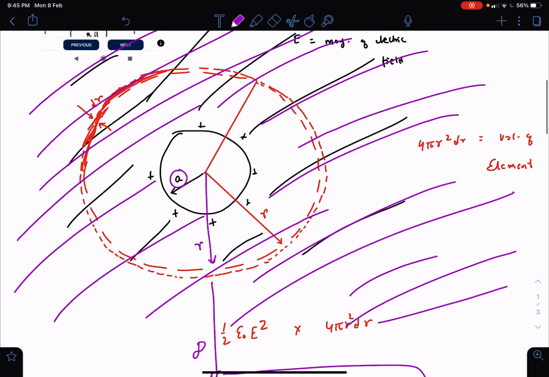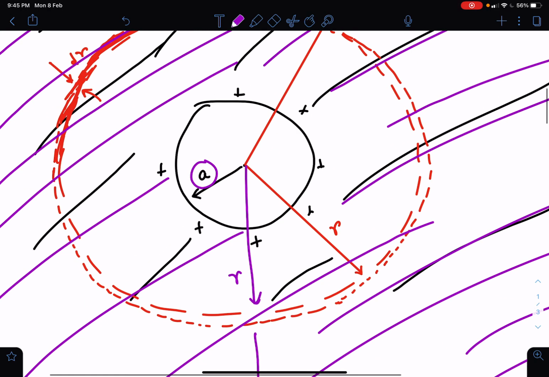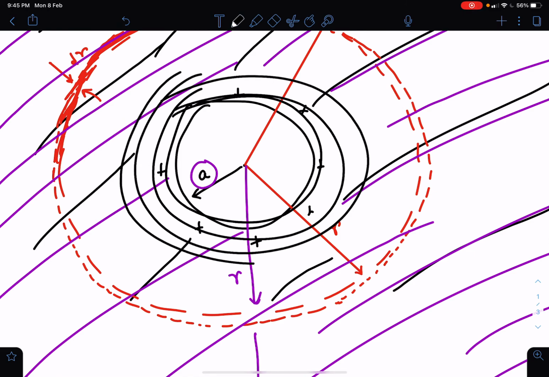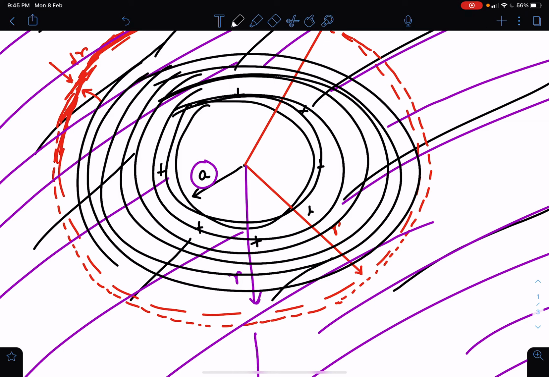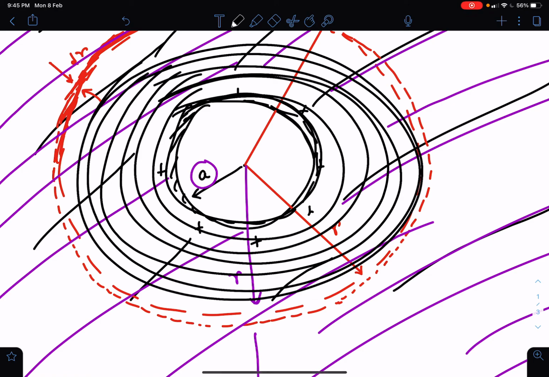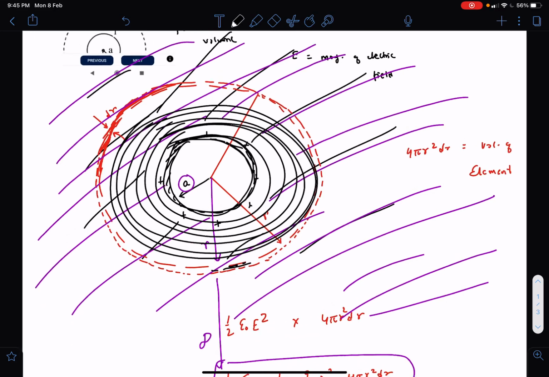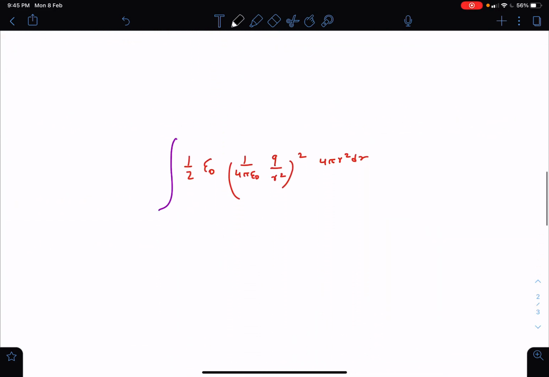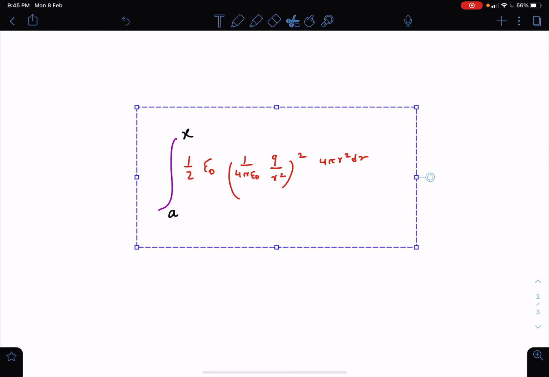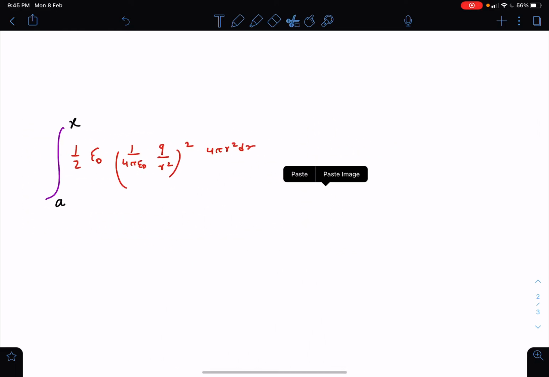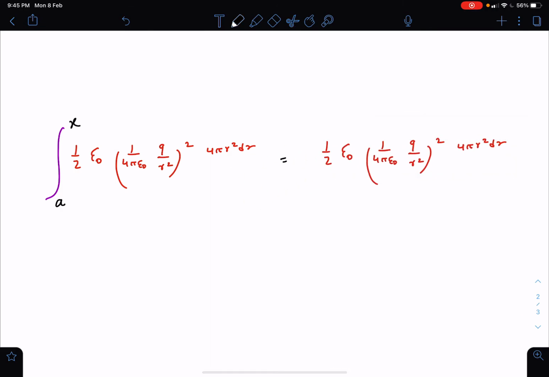For the first part, from A to R, the first elemental volume we take at R equal to A, and the last elemental volume we take up to, let's say, X. So the energy contained from A to some X must be equal to the energy contained from X to infinity.